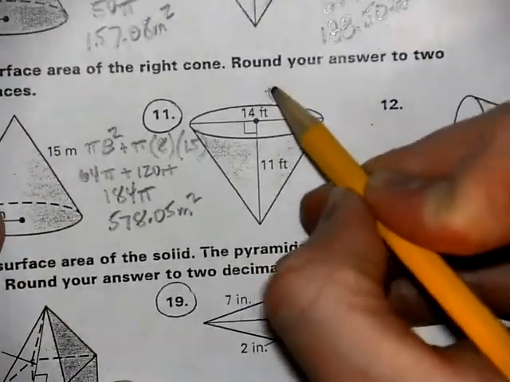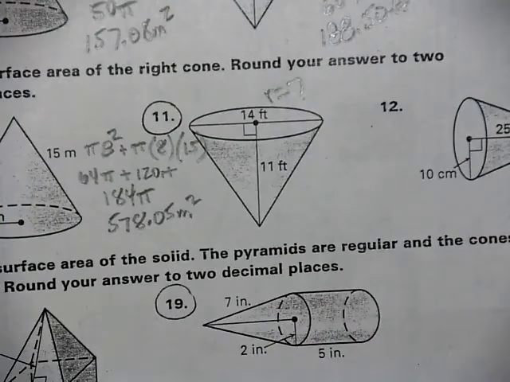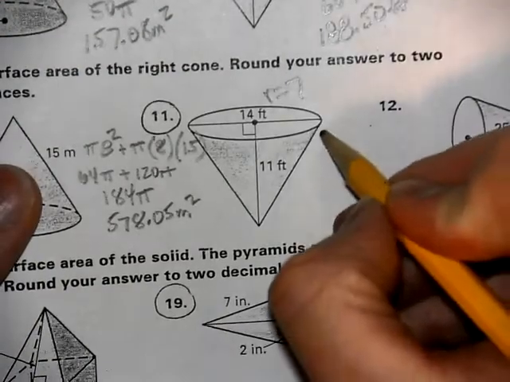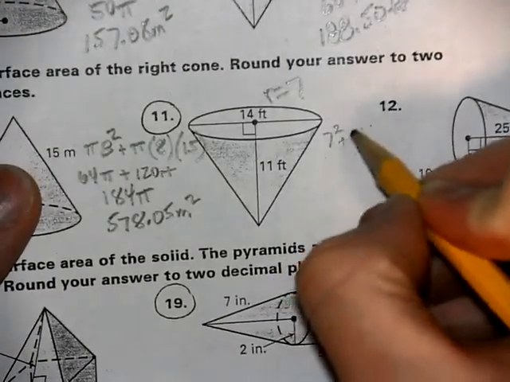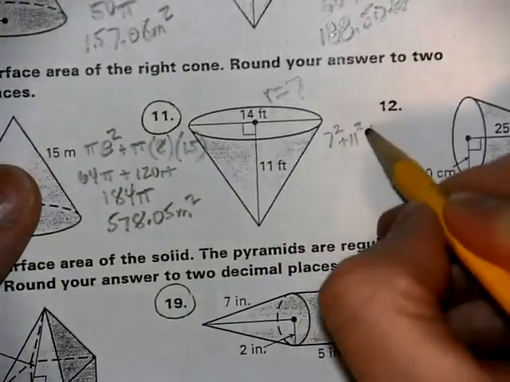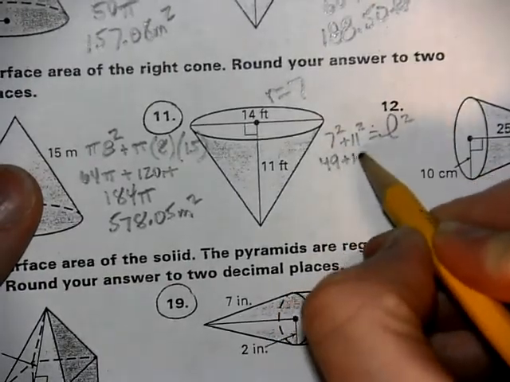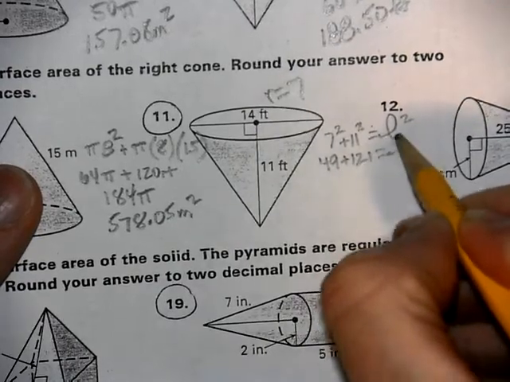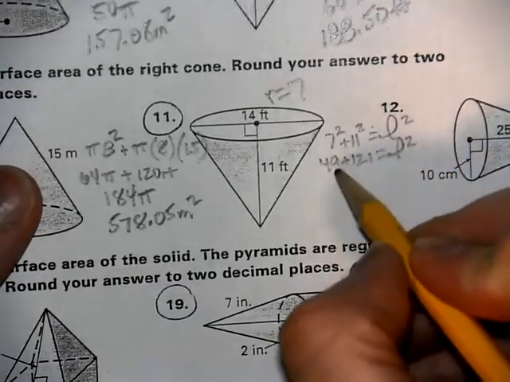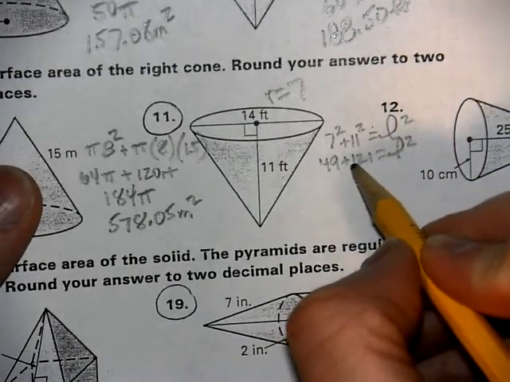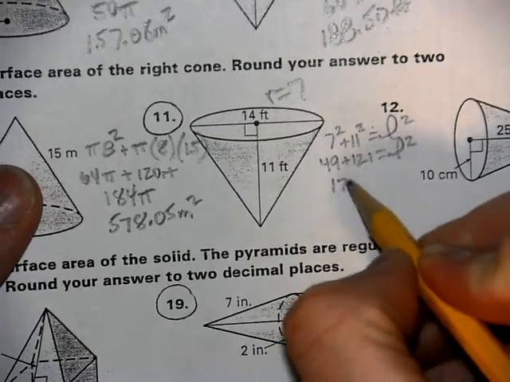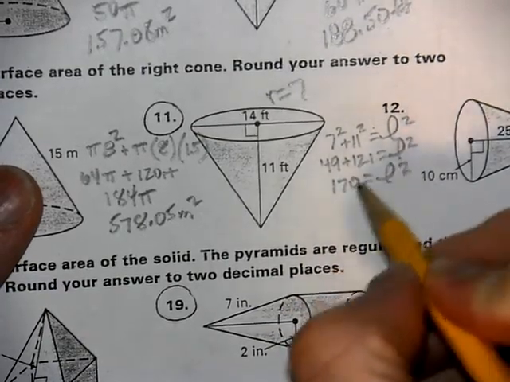For this one, the radius is 7. We still need to know what the slant height is. So we have 7 squared plus 11 squared equals the slant height squared. We got 170 equals L squared.